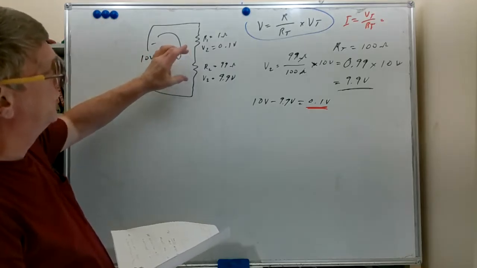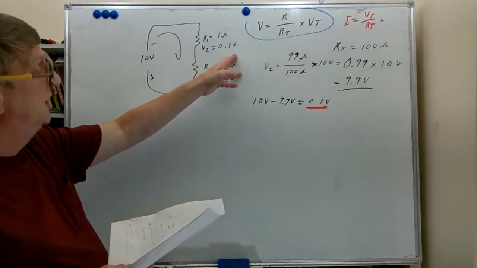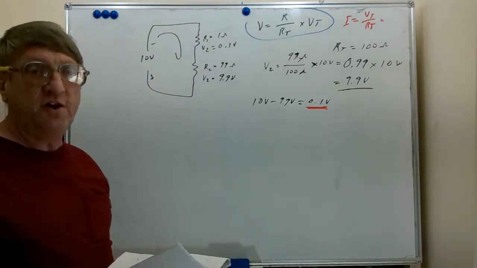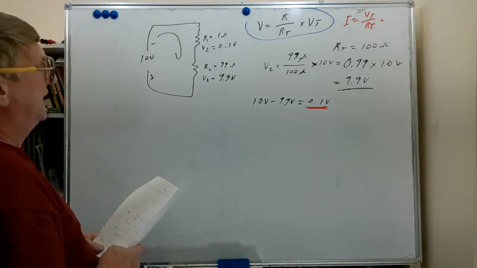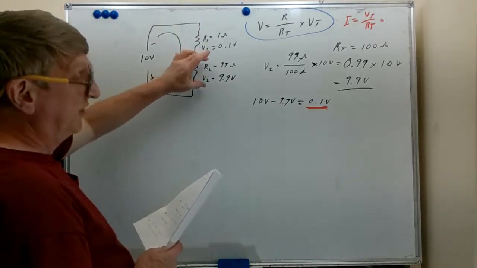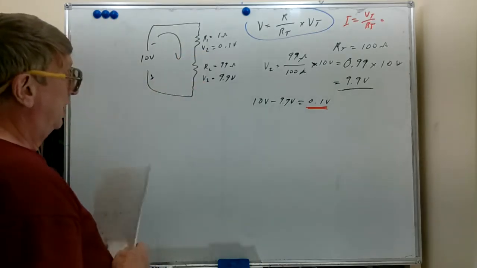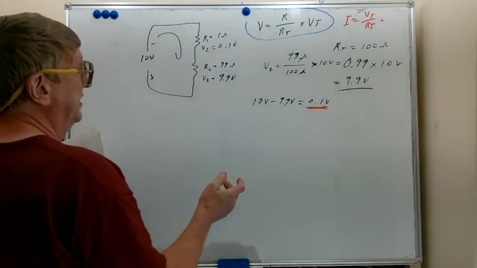The resistor with the highest amount of resistance is always going to have the most voltage. The resistor with the least amount of resistance is always going to have the least voltage. In this case, we had 99 ohms and 1 ohm, so most of the resistance was right here, so most of the voltage will be there.